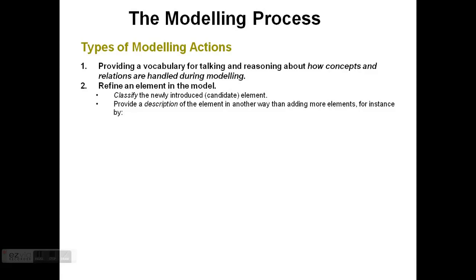We also provide a description of the element in another way, by adding more elements, for instance by adding internal details to an element. For example, add attributes to a business object, or cardinality to a used by relation.